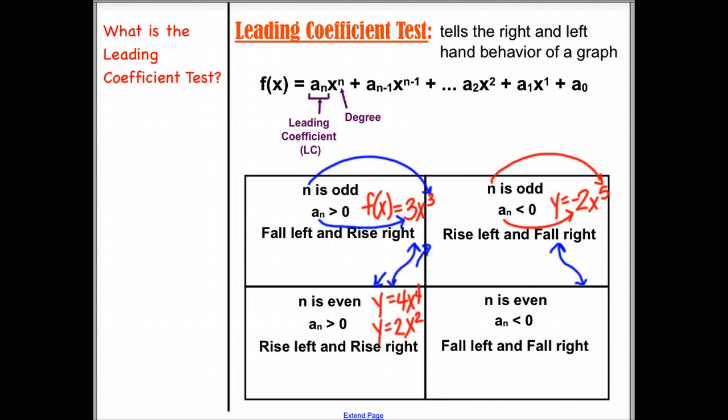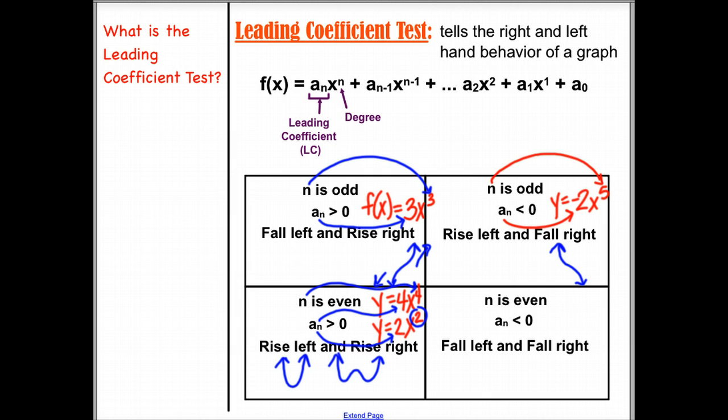Both of these, n is even and your a sub n is positive. Therefore, it's going to rise from the left and rise from the right, which means that if it's squared, it'll look like this. If it is a quartic, it'll look like this.